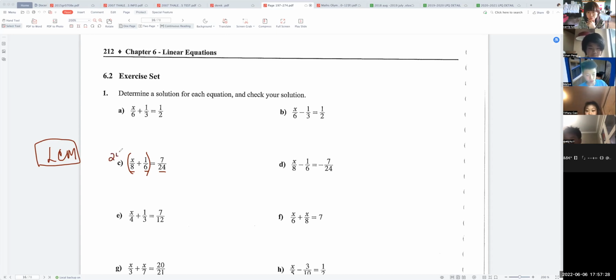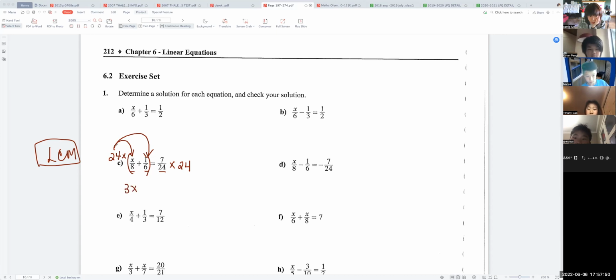So we are just making 24 times the left side. And Tiffany, 24 times the right side. Very good. So don't forget, okay? Each of them times inside. So 24 times x over 8, Daniel, equals what? 3x.